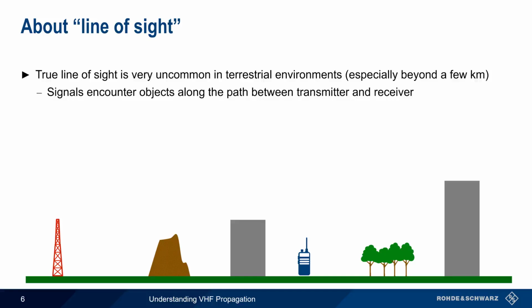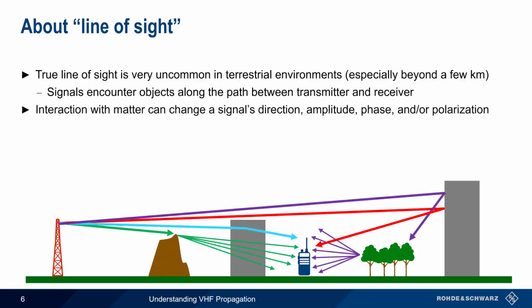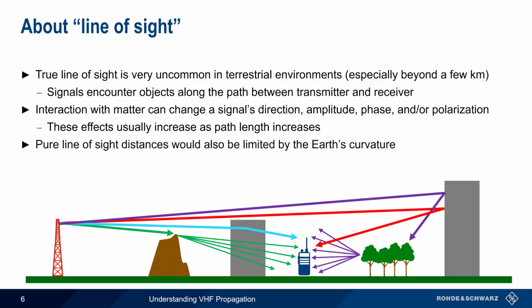Depending on the shape, orientation, composition, and other properties of these objects, the signal's direction, amplitude, phase, and/or polarization may be changed when a signal interacts with them. The longer the path, the more obstacles the signal encounters, and the greater the effects of these interactions. As we'll discuss in just a few moments, even in an object-free environment, the distances achievable using pure line-of-sight propagation would be limited by the curvature of the Earth as well.